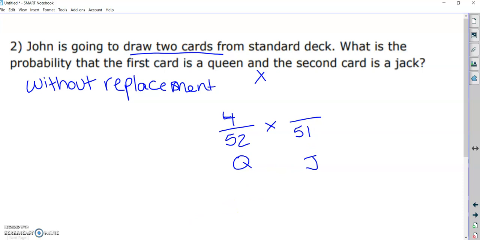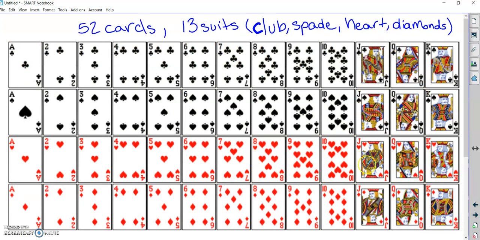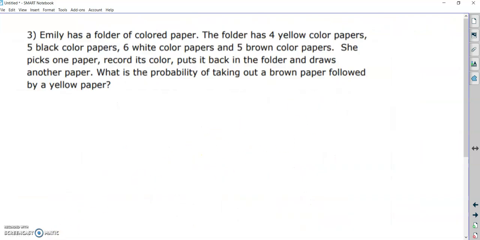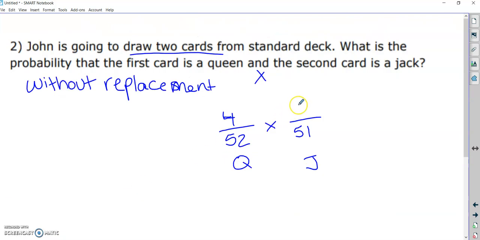So then, how many cards are jacks? And notice there are 4 jacks. So multiply across the top, and that is 16. Let me get my small little calculator and multiply the bottom 2.